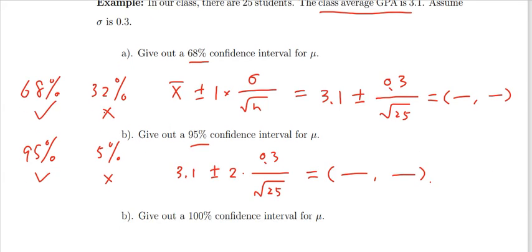So how about this one? Suppose I have 100% confidence. 100% confidence means my conclusion is correct, and 0% chance my conclusion is wrong. So I want to guarantee my conclusion is absolutely true.